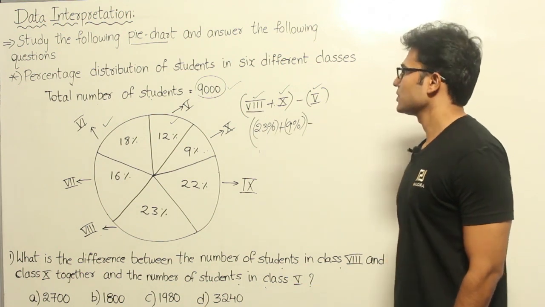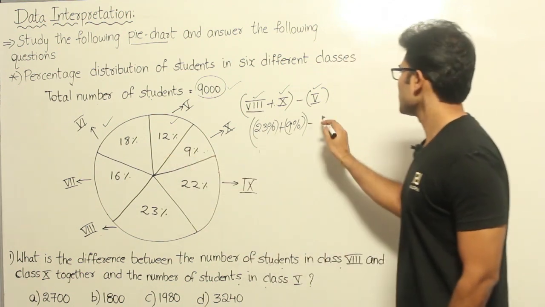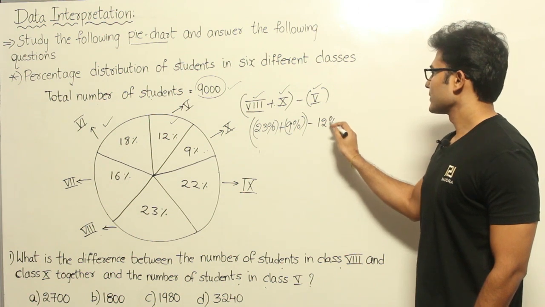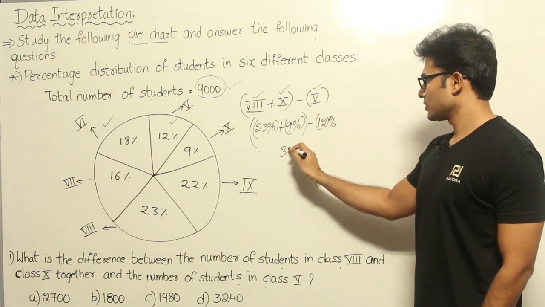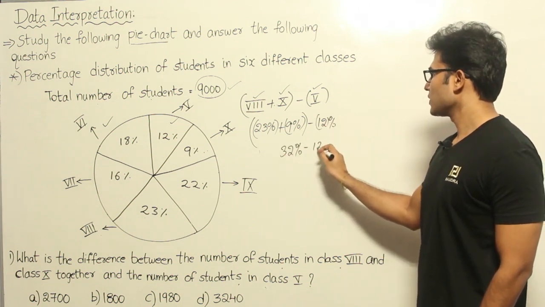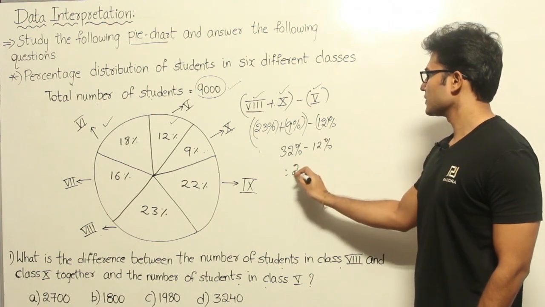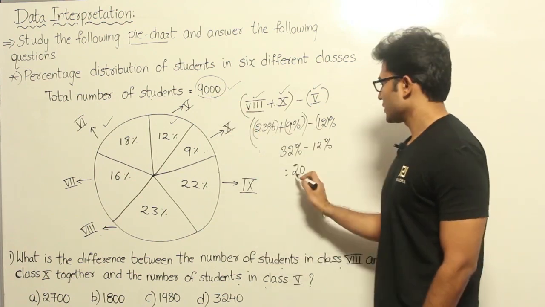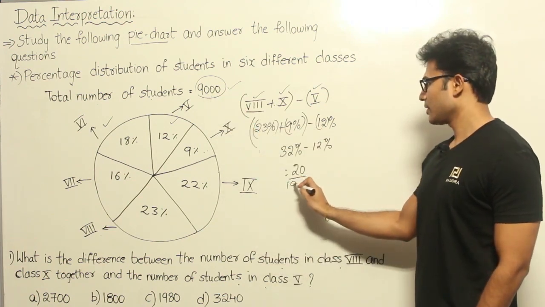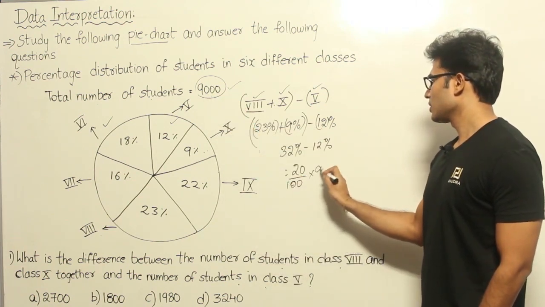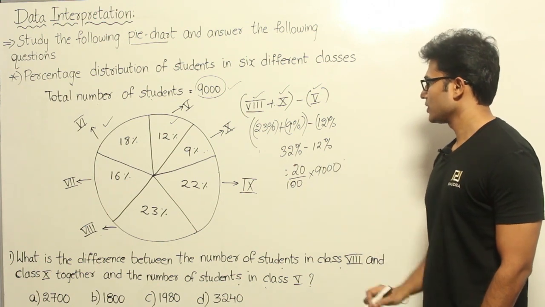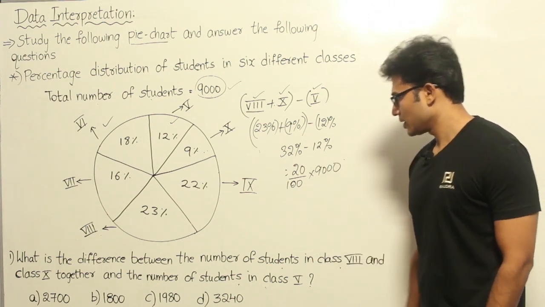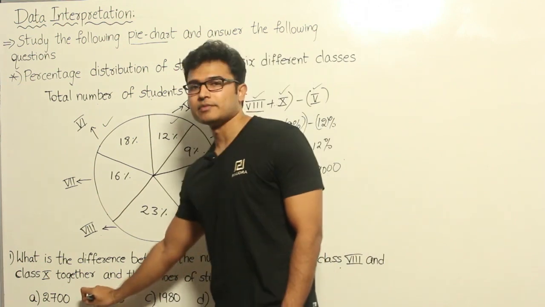From that we are supposed to subtract class 5, which is 12%. So this is going to be 32% minus 12%, which is 20%. So 20% of what? 20% of 9,000. That is why the final answer is 20 by 100 into 9,000. Got it? So it is going to be 1800. So the answer is B.